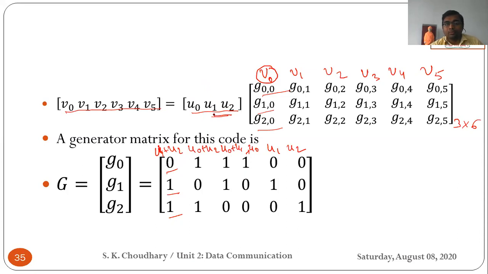So you would get that for the first position G00 it would be coming as a 0, then it is a 1, then it is a 1. So in this way we have taken a distribution of this. Understood how we have defined this?